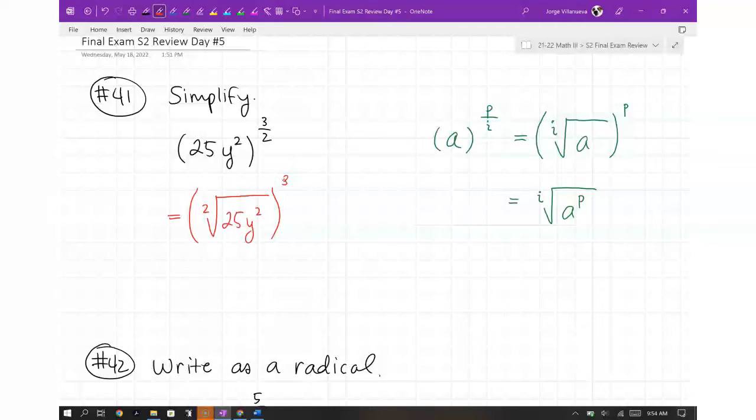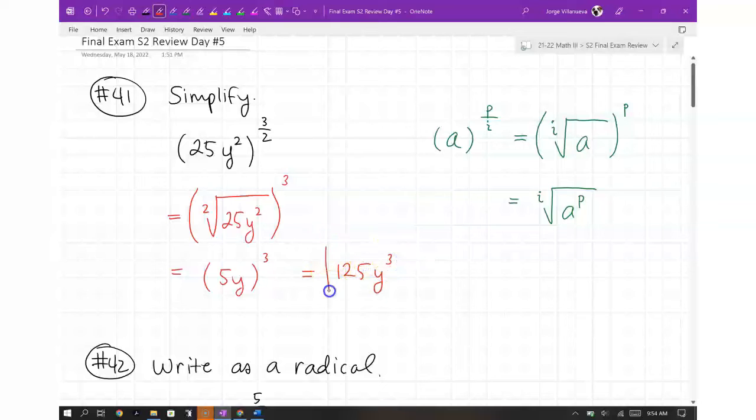Okay, now once you do that, then you do have to simplify a little bit. So what is the square root of 25? That's 5. What's the square root of y squared? Just y. So this is 5y to the 3rd. Well, 5 to the 3rd is 5 times 5 times 5. That's 25 times 5, which is 125.